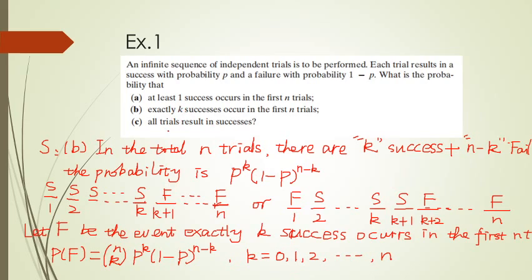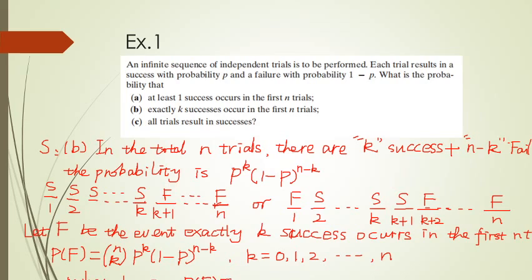We can have K successes. K can be 0, which means they are all failures. Now we can double check the answers for part A. When K equals 0, what is the probability of the event?